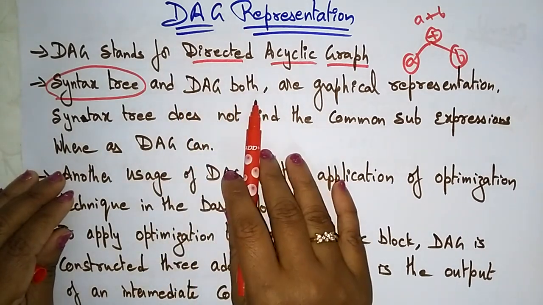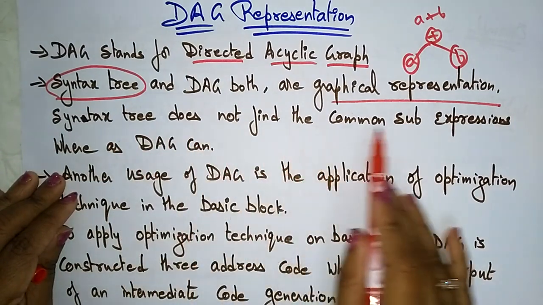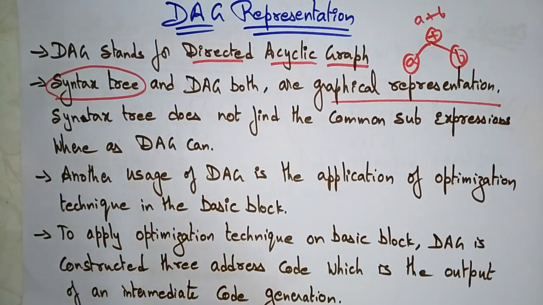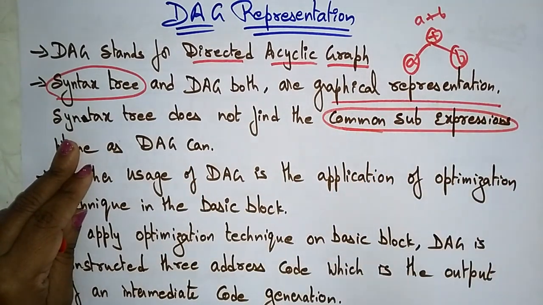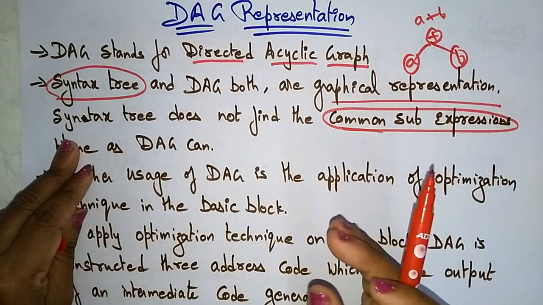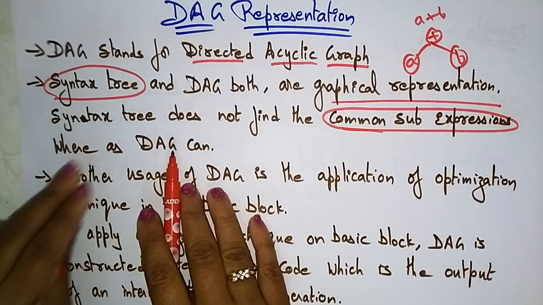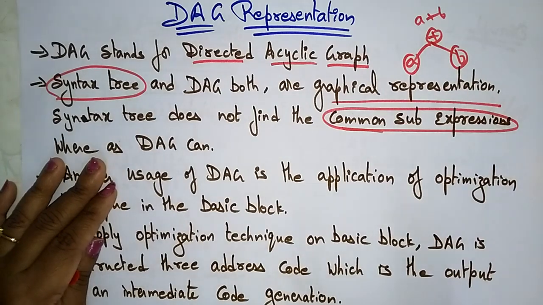The syntax tree and the DAG are both graphical representations. The syntax tree does not find the common sub-expressions, whereas DAG can find the common sub-expressions. So whatever common sub-expressions are present in the given grammar, the syntax tree cannot find them, whereas DAG can find them and make the tree reduced, which means the size of the tree can be reduced by finding the common sub-expressions.